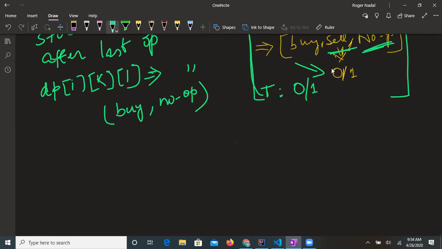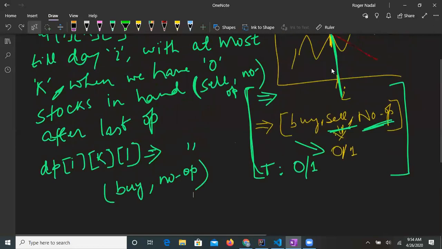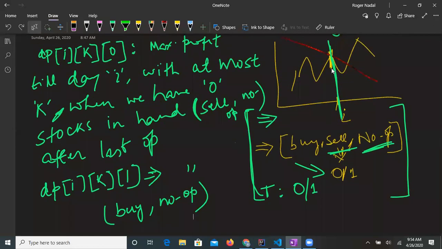Could you scroll up a little bit? When it's DP[i][K][0], what operation can we have? DP[i][K][0] means on the ith day with at most K transactions, you have 0 stocks in your hand.